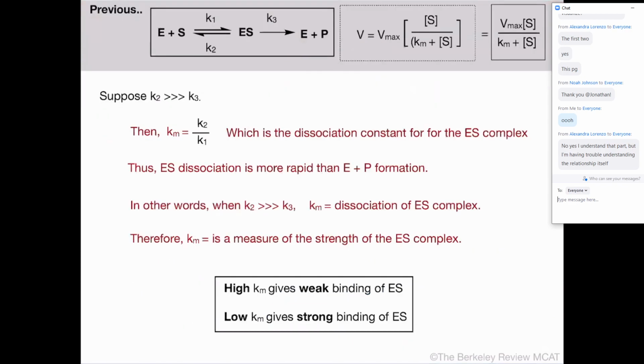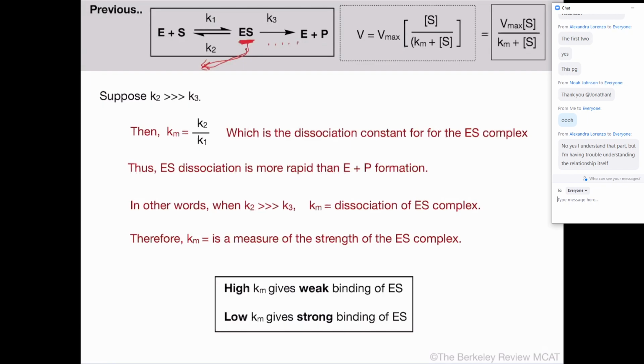Now let's suppose again that K2 over here is much, much bigger than K3. In other words, when the enzyme and substrate form a complex, instead of going to a product, it just dissociates really quickly. You form enzyme substrate, it doesn't make the product, it just goes back to enzyme plus substrate.